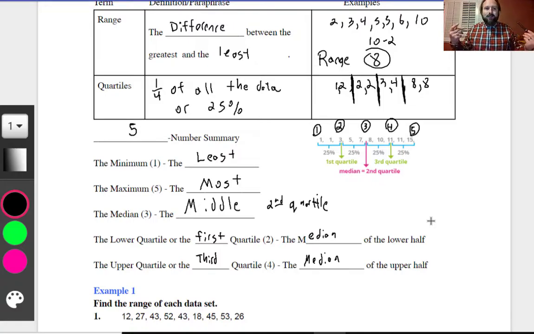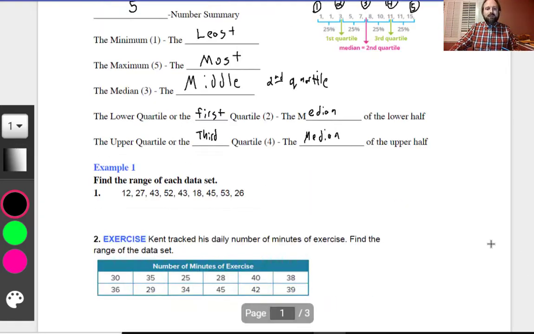All right, so knowing that, we're going to go over and start completing our work. Let's do it. So example 1, find the range of the data set. Well, we could put it all in order, and maybe we should. But at this point, we just have to figure out what is the least. Looking at this, 12 is the least.